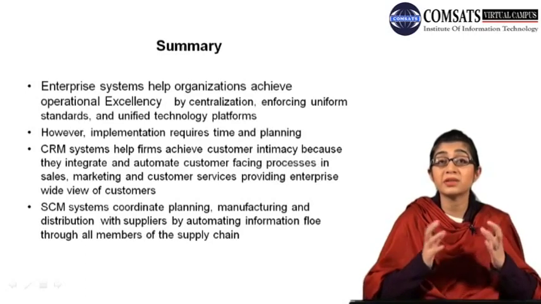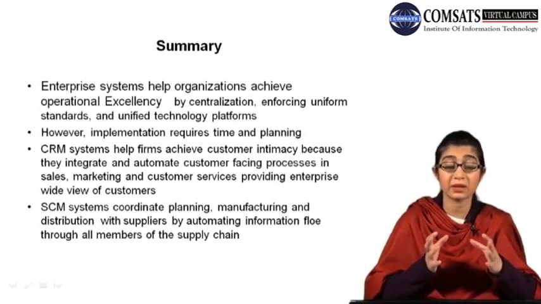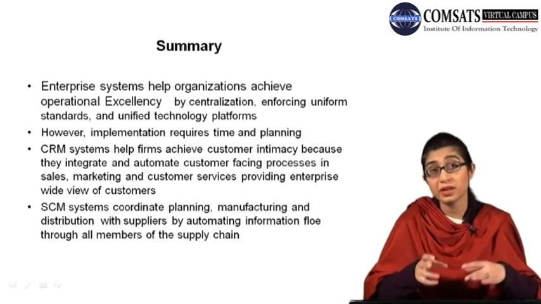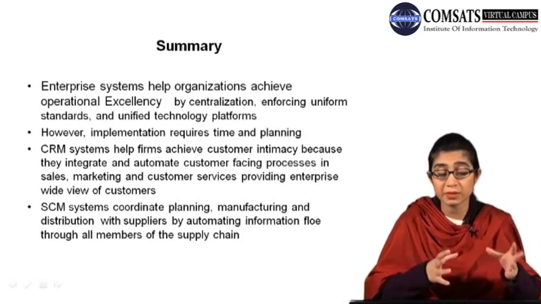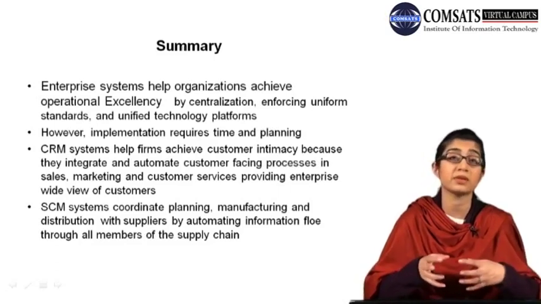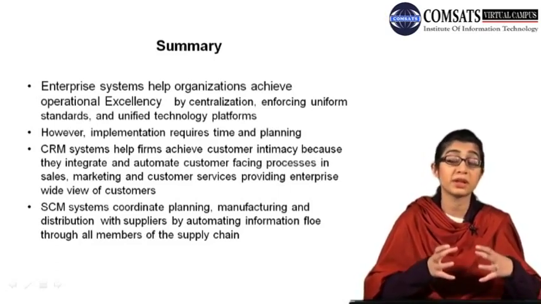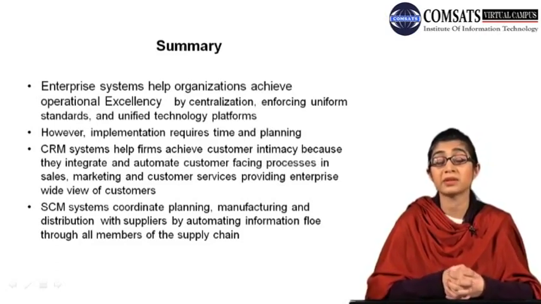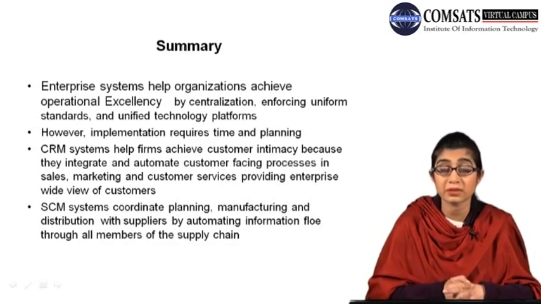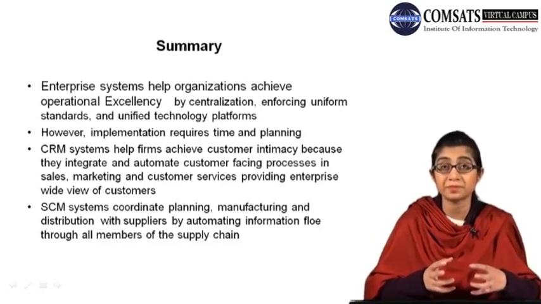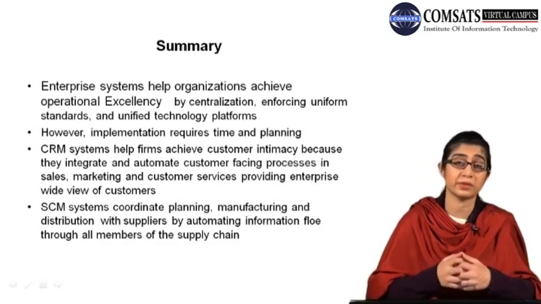Then we have the supply chain management systems, जिसमें हमने कहा था that these systems basically coordinate the planning, the manufacturing, as well as distribution with the suppliers by automating the information flow through all the members of the supply chain. Because the information can be shared or received on time by all the members of the supply chain, they can achieve operational excellence by getting the right kind of information.